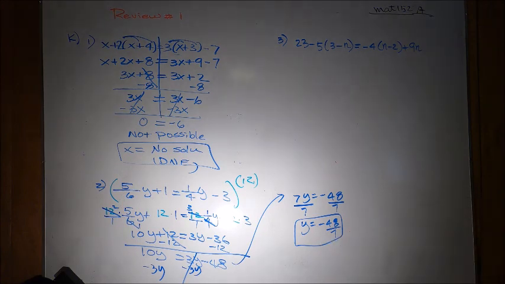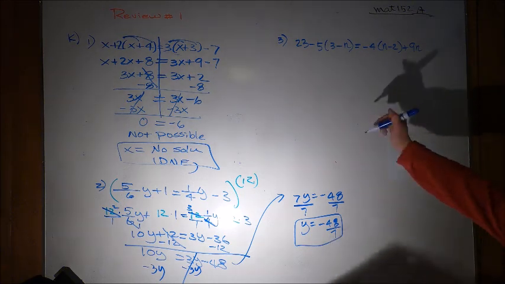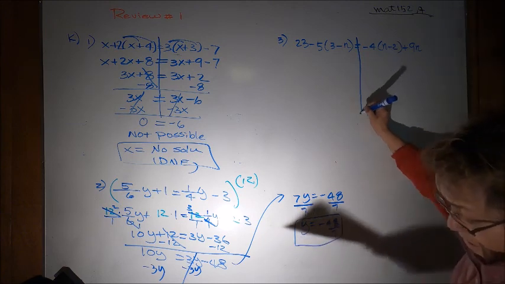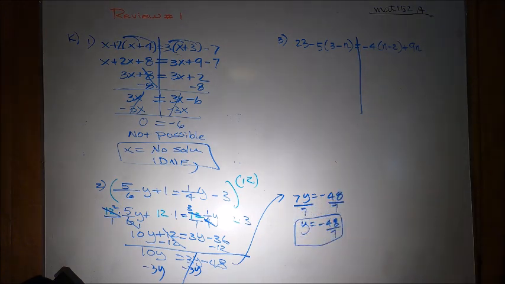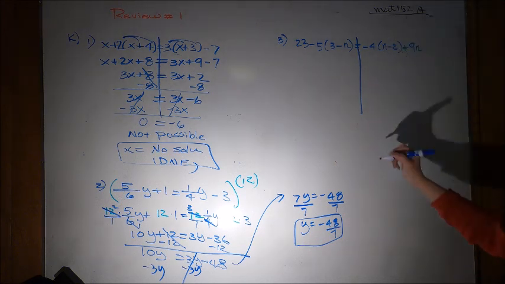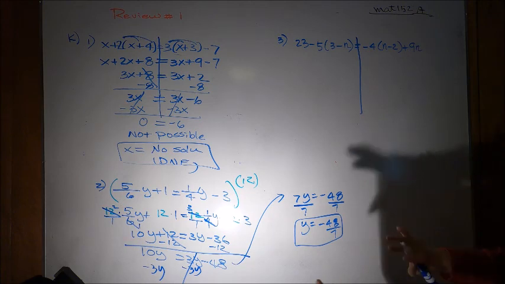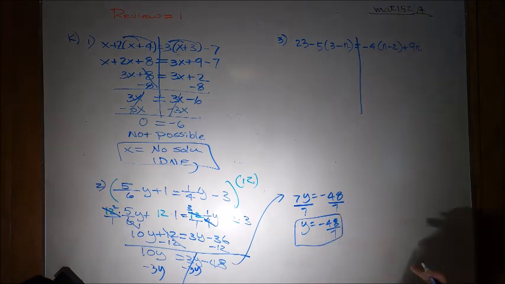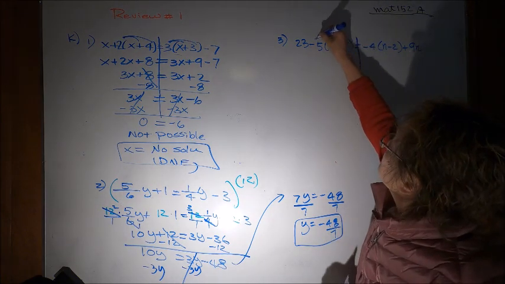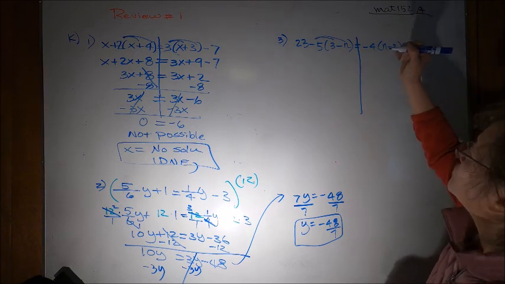Let's take a look at the next problem, number 3 on your page 3, right? Solving linear equations. So let's just draw a line first, then make each side simpler. Okay? We distribute.